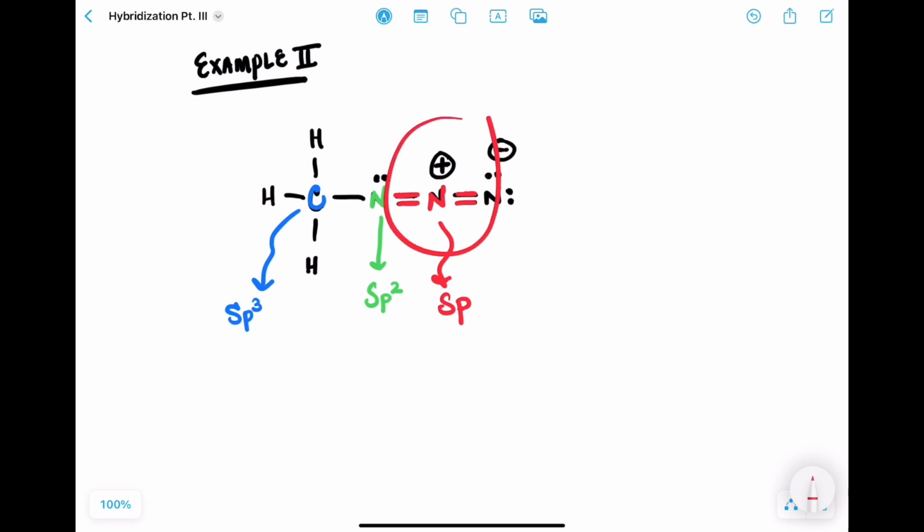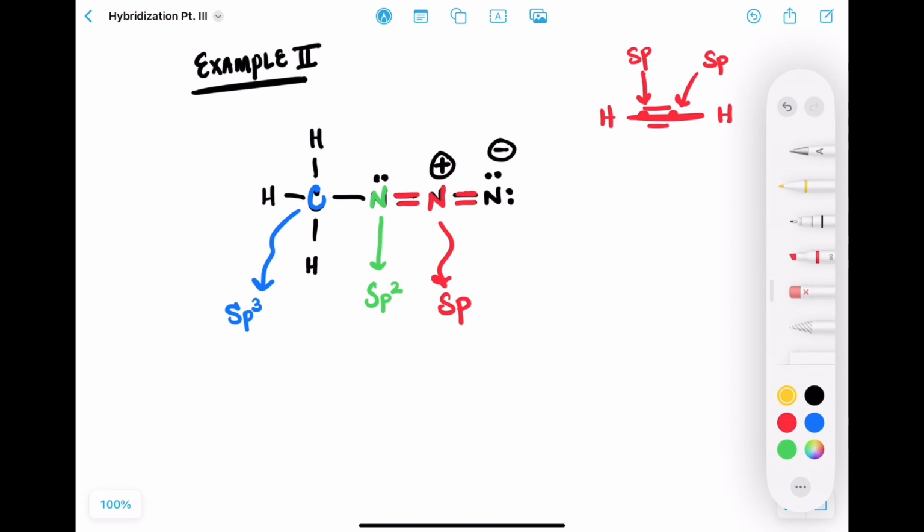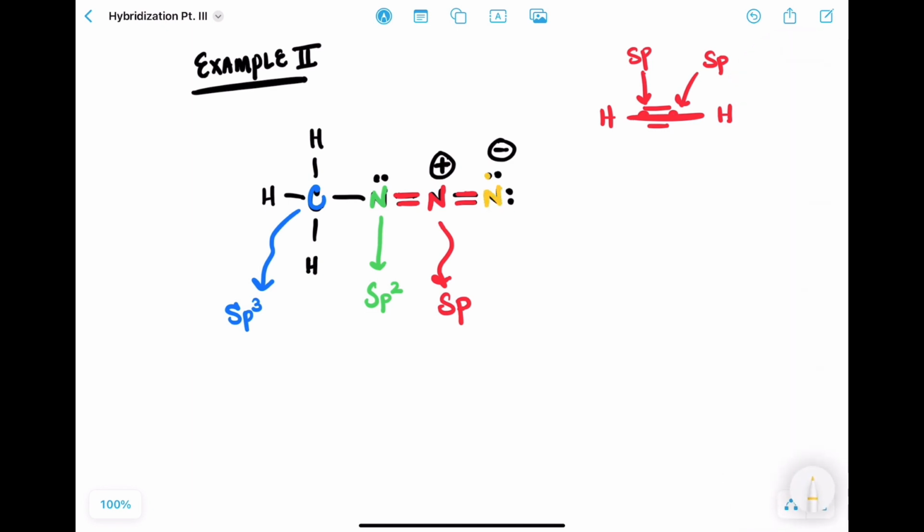So this is a trap to watch out for. Usually we look for things with triple bonds that have sp hybridization, right? So whenever we have a triple bond, those atoms are going to have sp hybridization. And so, again, this is tricky because it has 2 double bonds. Whenever an atom has 2 double bonds around it, it's going to have sp hybridization. Now, lastly, we have a nitrogen on the very tail end.